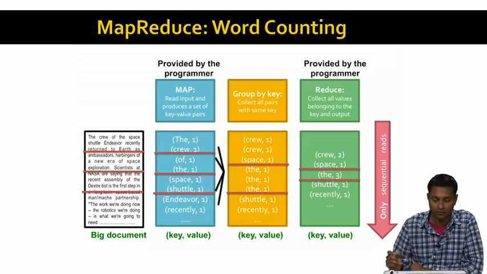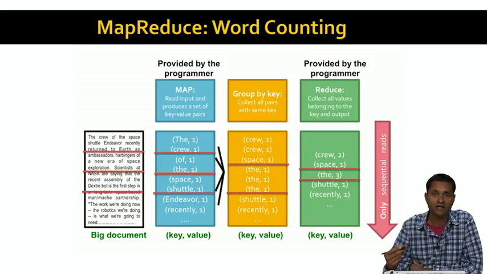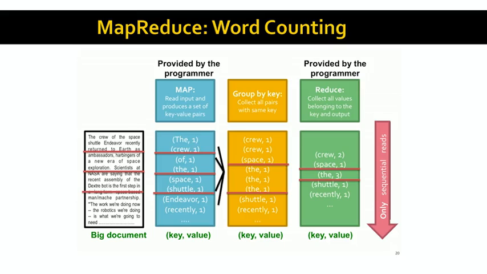One final point before we move on from the slide is that all this magic, the MapReduce magic, is implemented to use as far as possible only sequential scans of disk as opposed to random accesses. If you think a little bit carefully about all the steps that I mentioned, about how the map function is applied on the input files record by record, how the sorting is done, and so on, a moment's thought will make it apparent that you can actually implement all of this by using only sequential reads of disk and never using random access of disk.